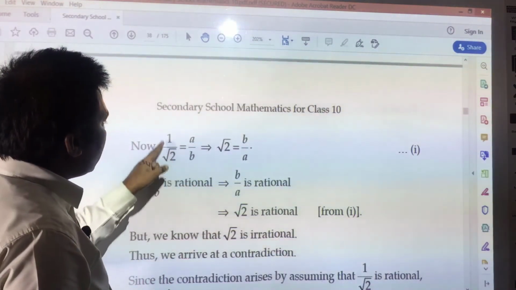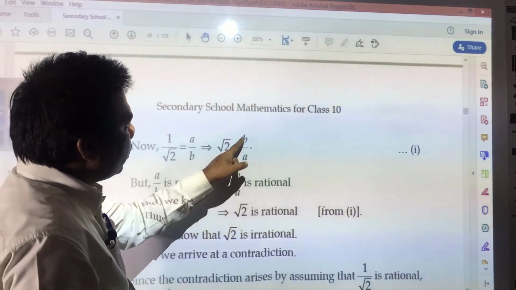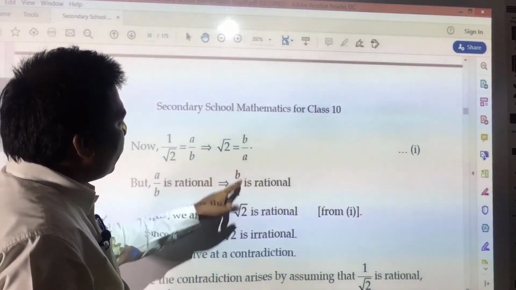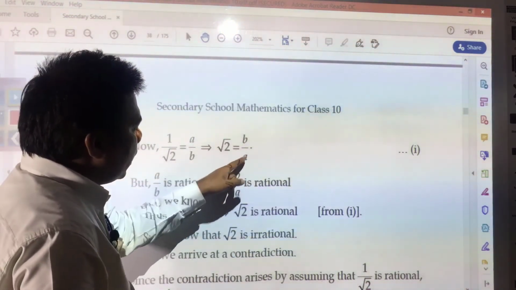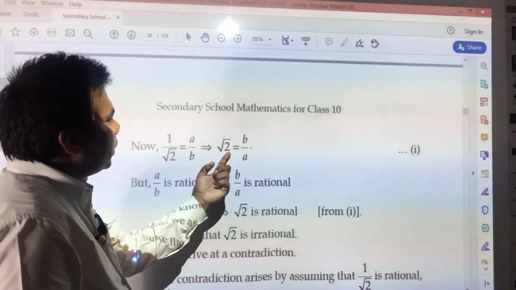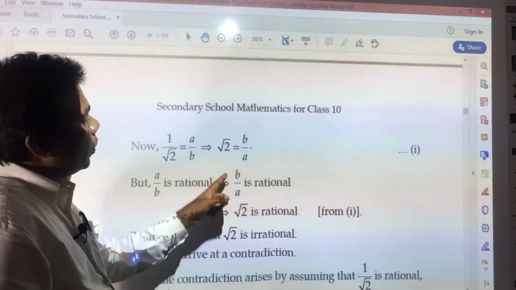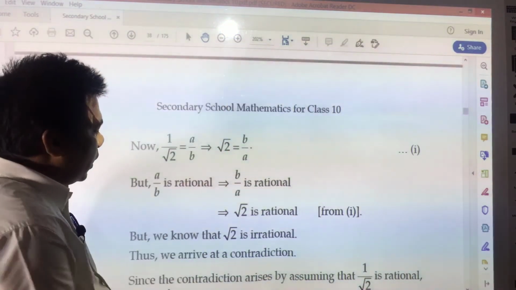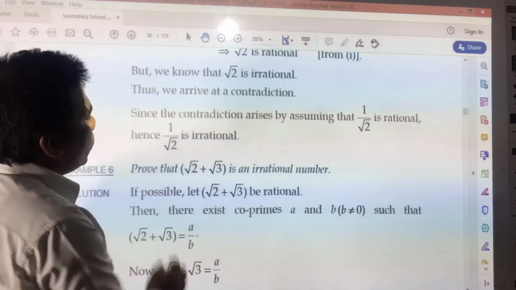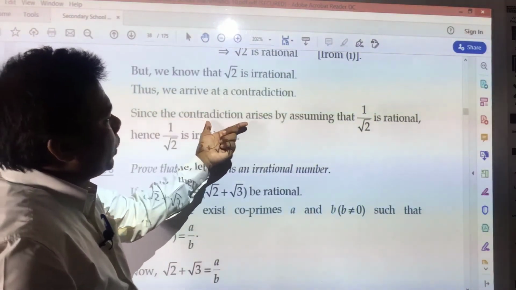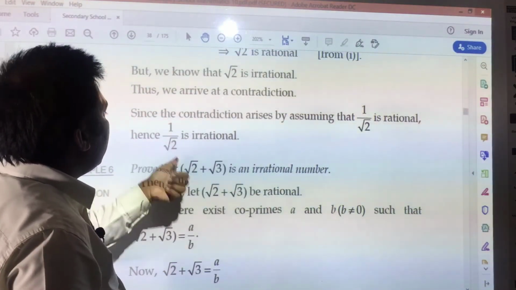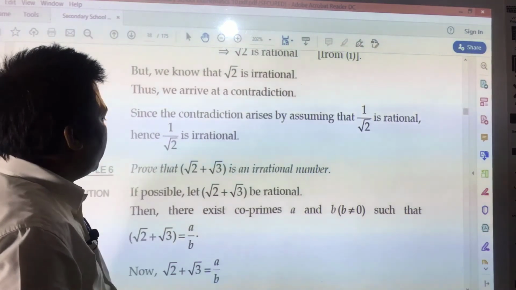So, here cross multiply, root 2 is equal to b by a. Here b by a is a rational number, and if this is rational, it means root 2 also should be rational, but already in the question it has been given that root 2 is irrational. So again, a contradiction will be there. That contradiction is required to be shown, and finally, you can write this number is irrational.